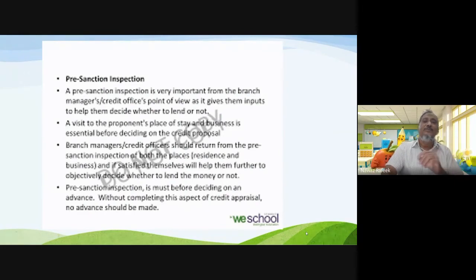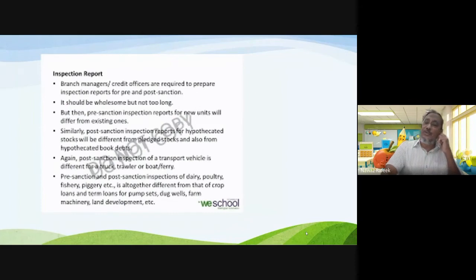Now, the other way about. What are the things to be included in the inspection report? Branch managers and credit officers are required to prepare an inspection report for pre- and post-sanction. Whenever you go for inspection, you have to prepare an inspection report. It should be wholesome but not too long. In short form, but it has to be complete.